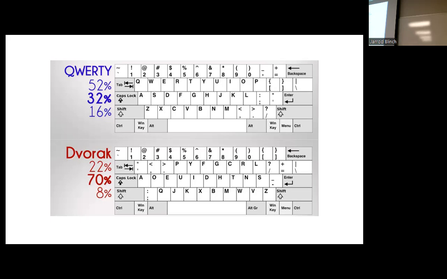Why have we not switched to this? Well, they've estimated that the cost to switch is larger than the cost to stay with QWERTY. If we switch, we'd be really bad at typing for a while, right? It's like some countries, I forget which one, where they said, okay, midnight, New Year, everyone, we're now going to drive on the right side of the road instead of the left, or vice versa.